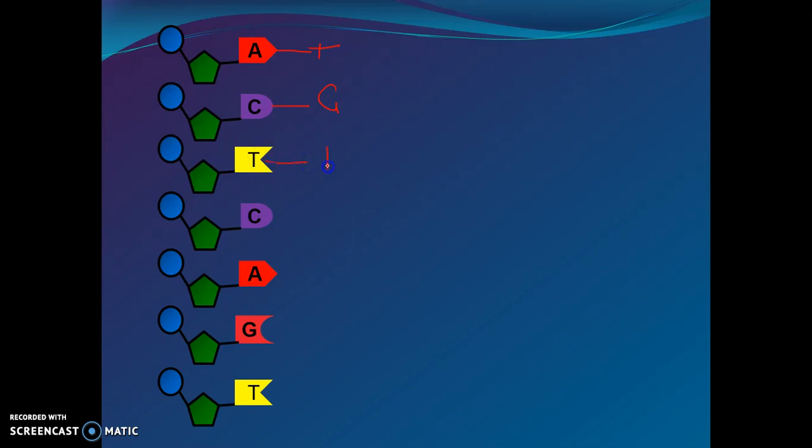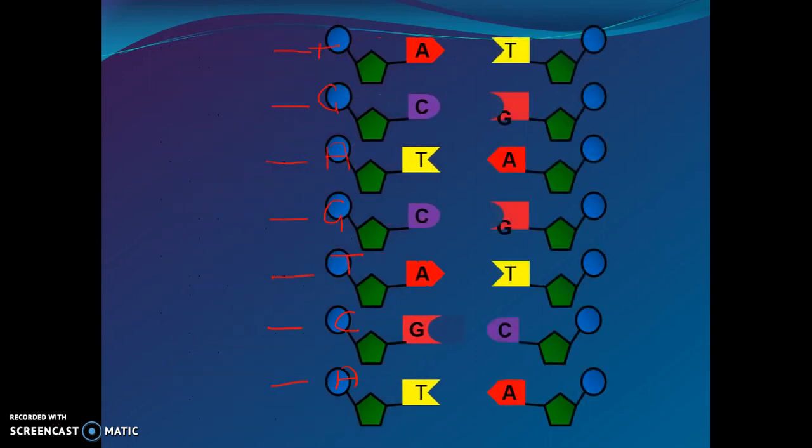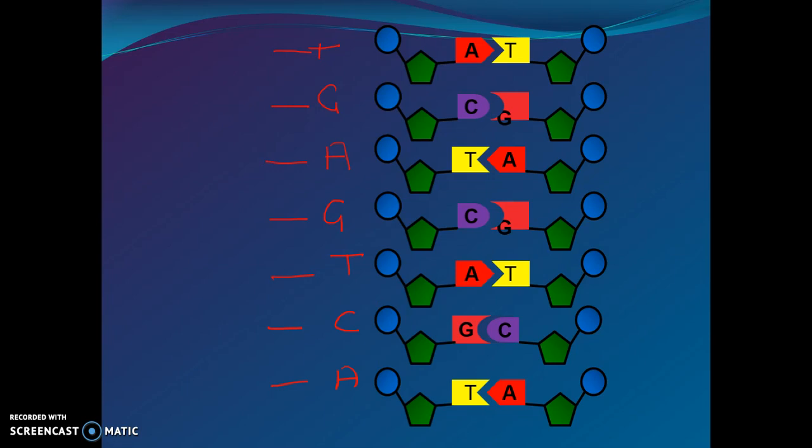If there is a thymine in this strand, it's going to be adenine, cytosine goes with guanine, adenine goes with thymine, guanine goes with cytosine, and thymine goes with adenine. So in the other complementary strand, the bases are like that. Now they get attached, and that's how it makes the DNA.